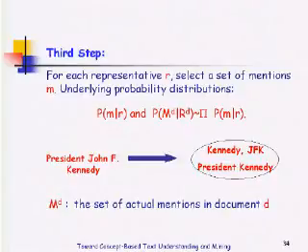And in the last step, for each representative, I transform it into a set of short names. So these names are the actual mentions of this entity in a document. So for President John F. Kennedy, I choose Kennedy, JFK, and President Kennedy as the actual names I will use in this document.